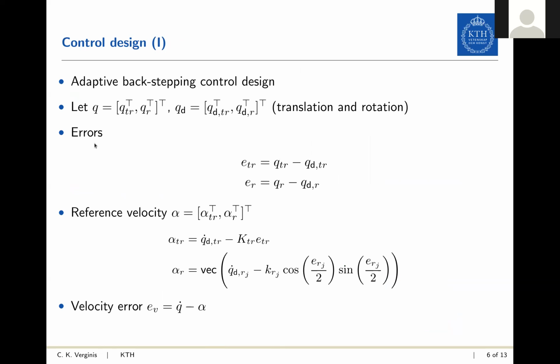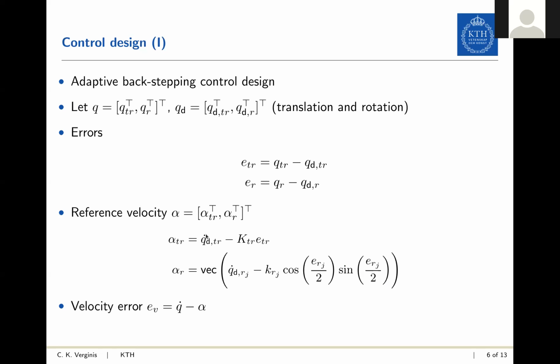Then we define these errors of the state with respect to the desired trajectories, which we want to converge to zero. The idea here is to design a reference velocity, denoted by alpha, which we would like the robot to have. This is a very standard proportional feedback controller.